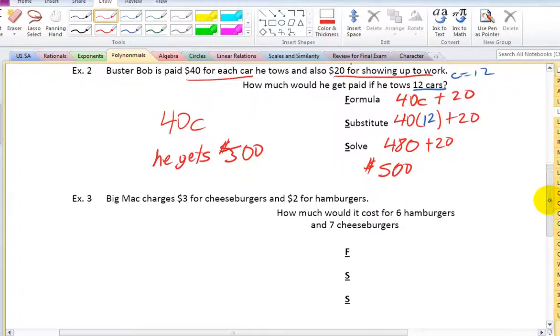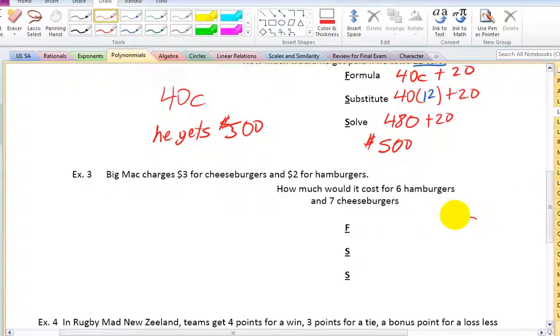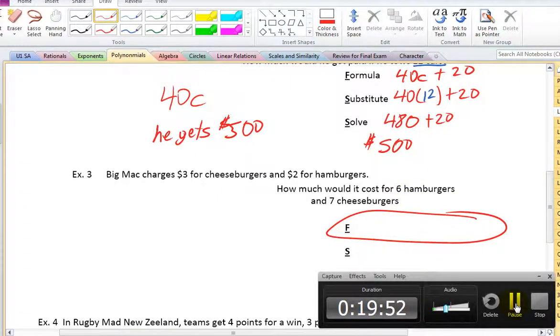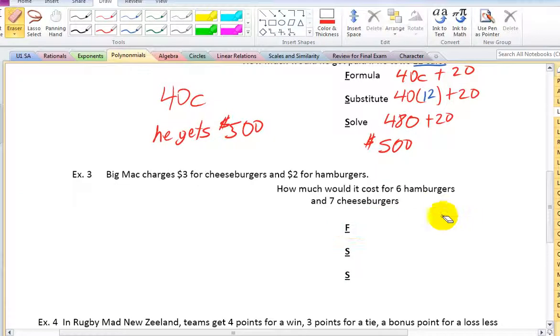All right, Big Mac. Have a read. Come up with your formula, please. Who's got the expression? Fiona? 3C, $3 for each cheeseburger, plus 2H, $2 for each hamburger. Okay. Now you can substitute in the 6 and the 7 and solve. So make sure you use brackets, and I want to see this.